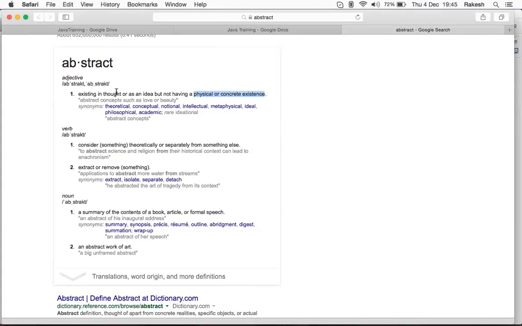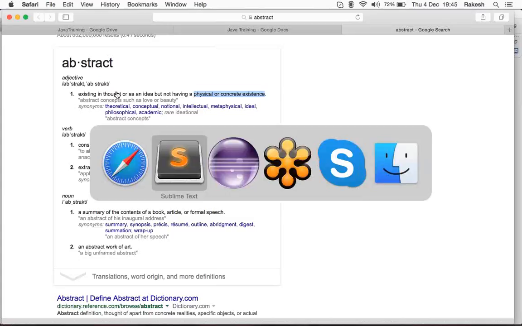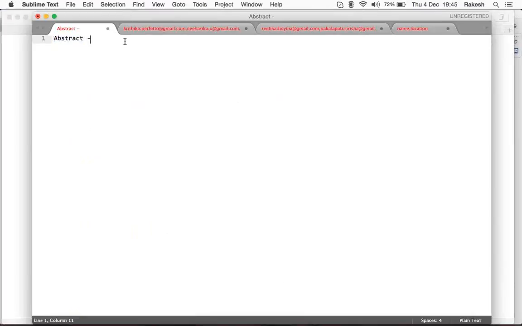That means you have some basic understanding of it, something which is not concrete or complete. So that is known as abstract. Abstract is something which is not complete, something which is half, something like that, right? So now we understand what an abstract is.